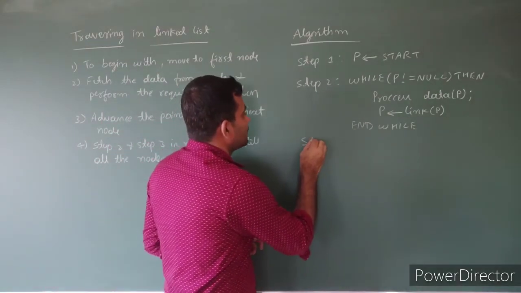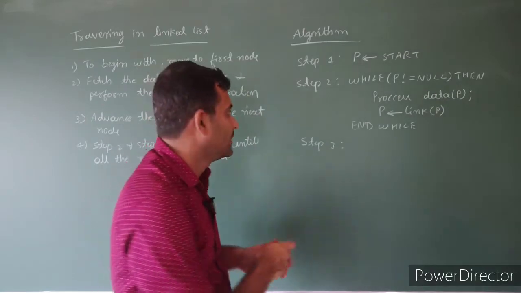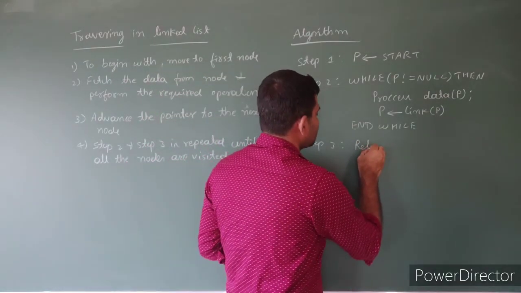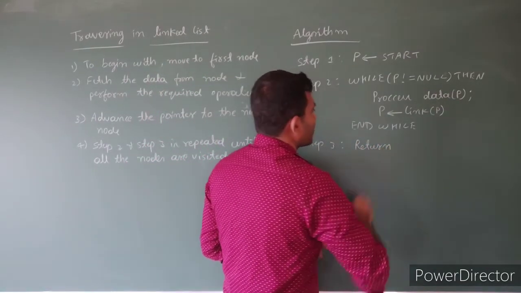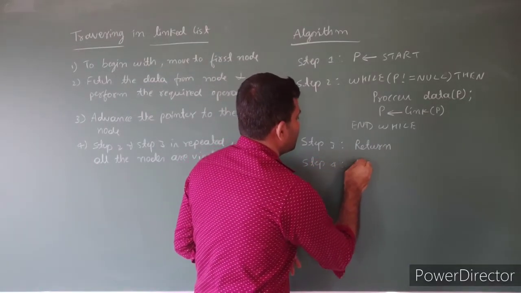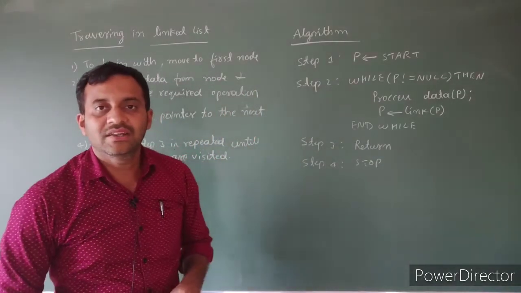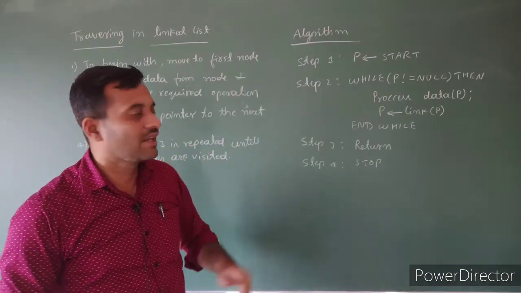Then in step 3, return. Stop. So this is the algorithm to traverse a linked list. What have we done here?